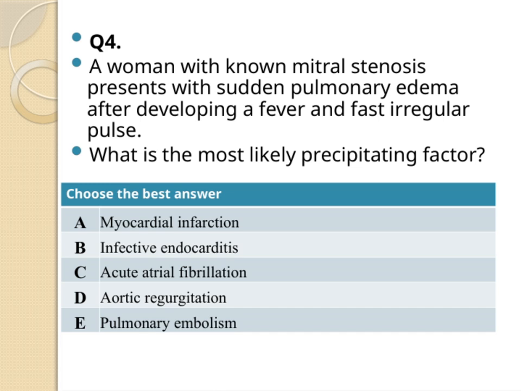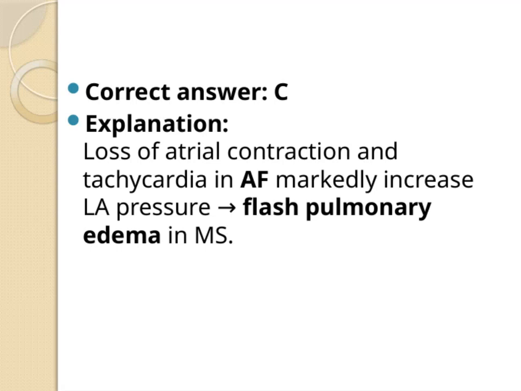So, considering all these points, the most likely precipitating factor in this scenario is infective endocarditis. It explains the sudden deterioration, fever, and irregular pulse, and ties into the overall theme of how infections can acutely worsen pre-existing valvular disease. All right, let's look at the correct answer here, which is C.